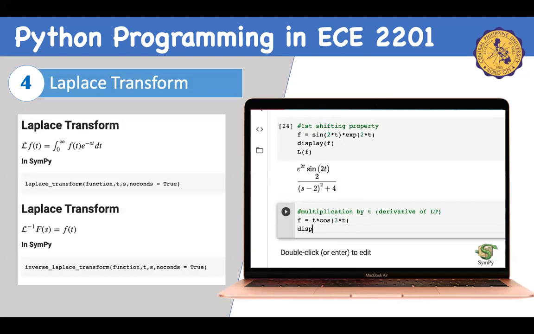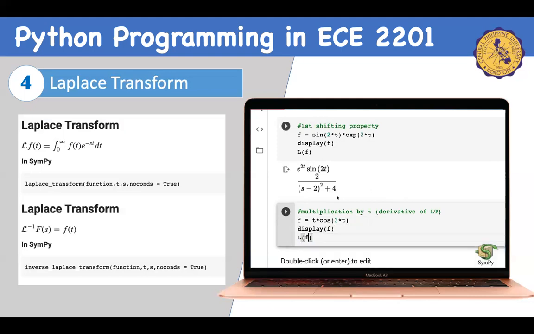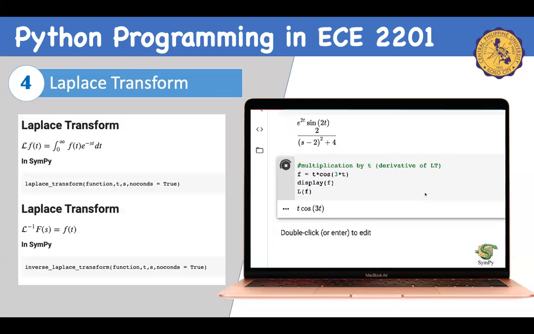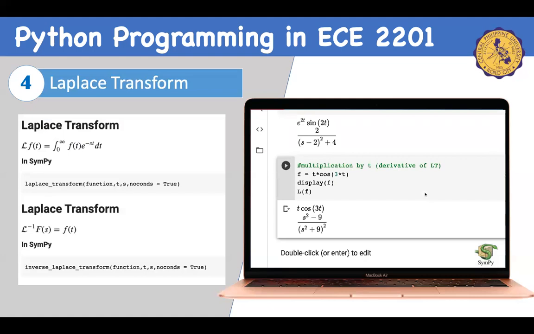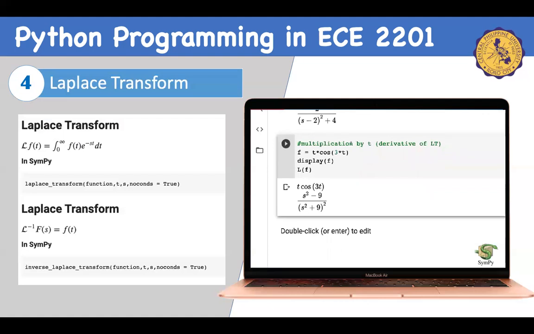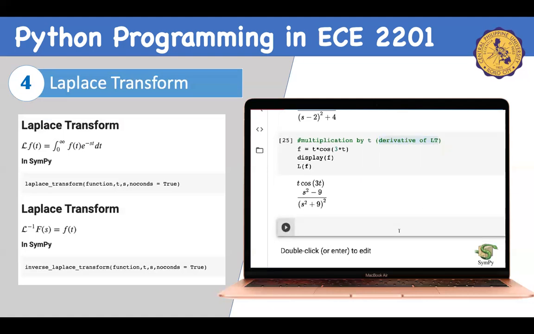First we will display it, and then after that we are going to take the Laplace transform. So that's it. t cosine 3t is just s squared minus 9 all over s squared plus 9 quantity squared. That's the Laplace transform of the function.